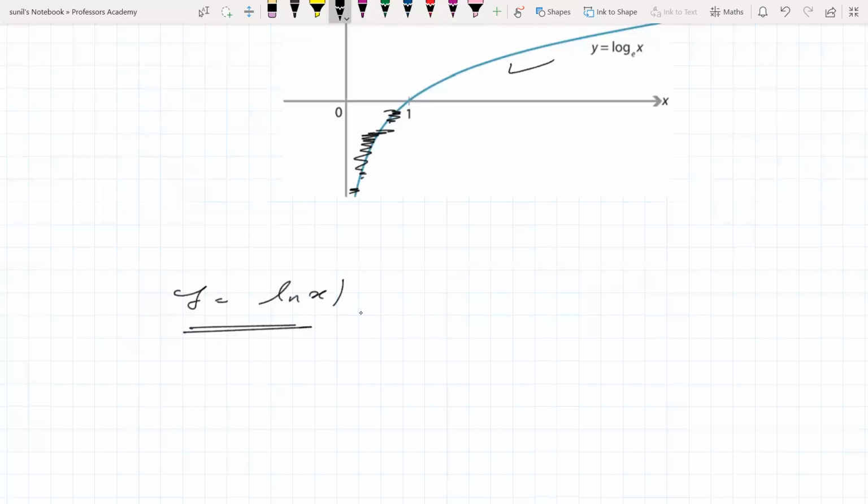That portion we darkened, we will have to take the reflection about the x-axis.